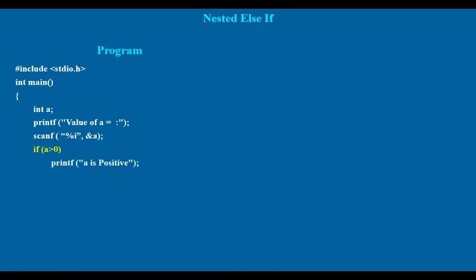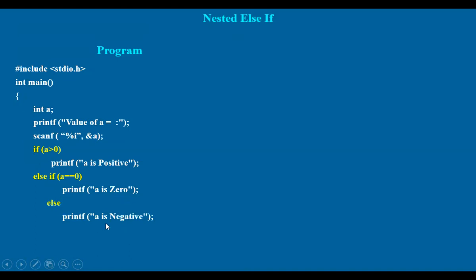Again, we can have another example where an A value is taken here, and let us see the nested else if statement. If A is greater than 0, A is positive, obviously. Else, if A is equal to 0, you have to say that it is 0.